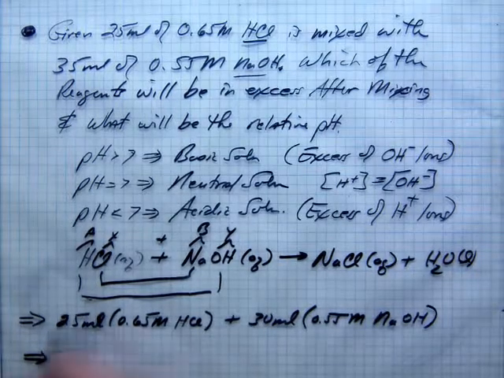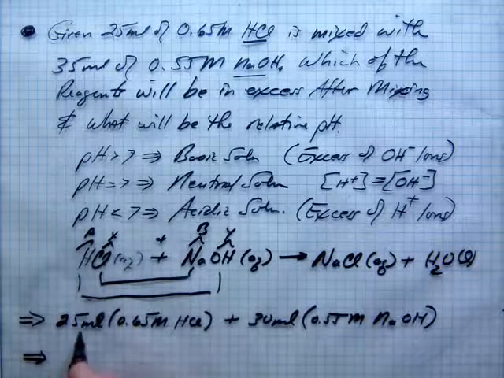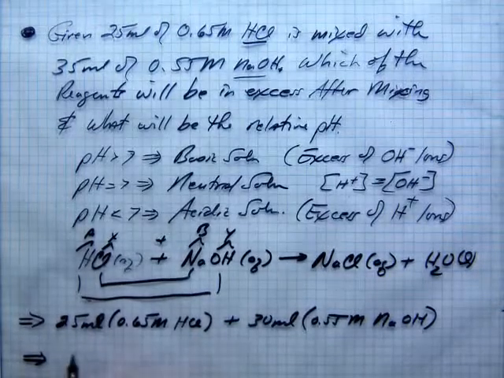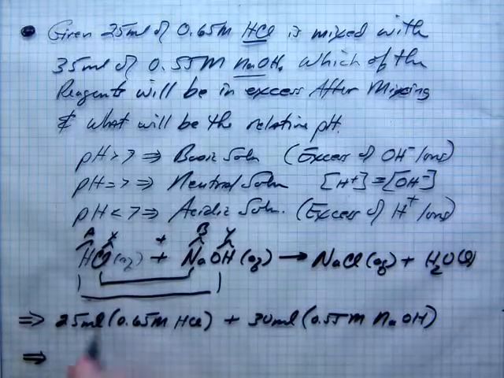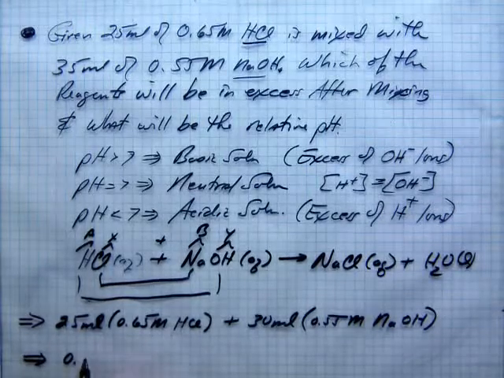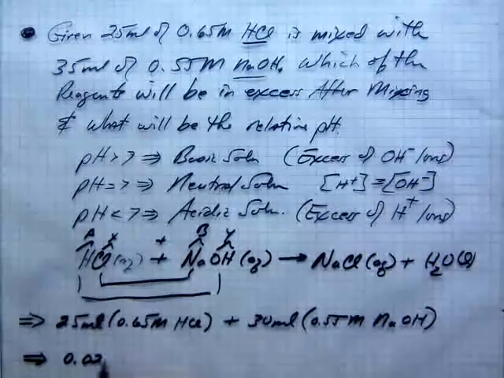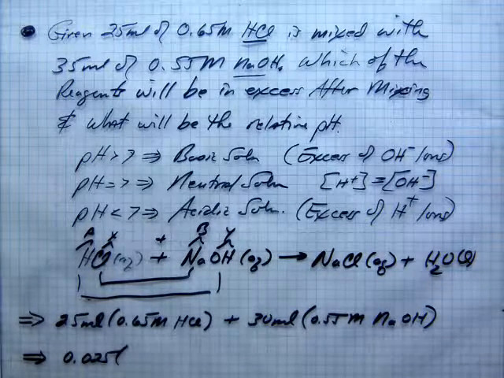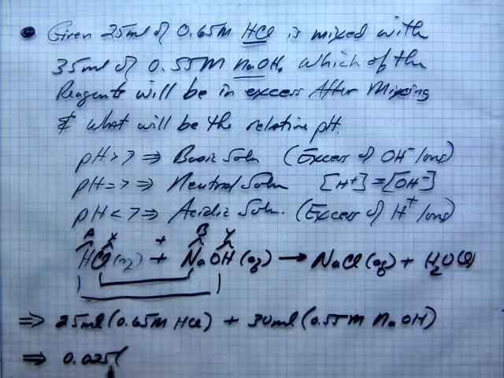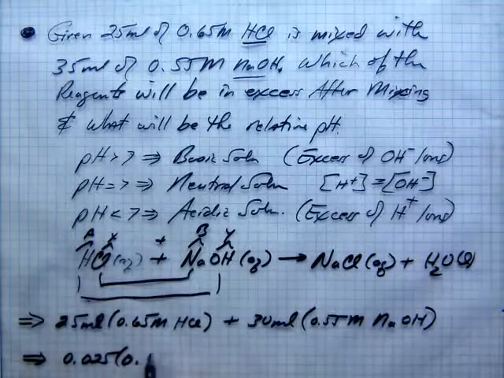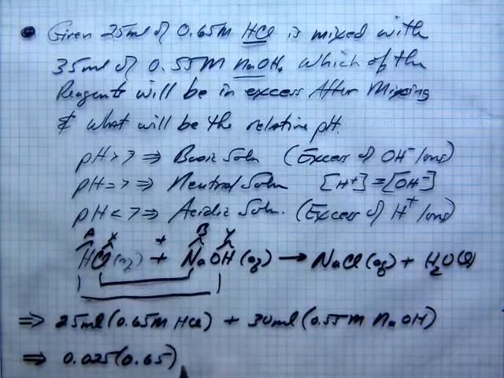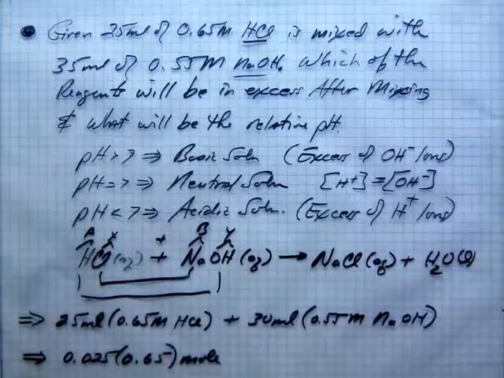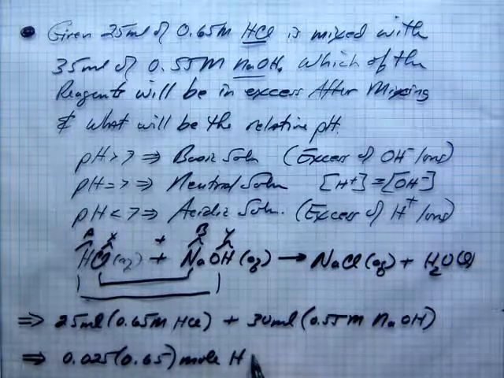Well, I can do that ahead here. So molarity times volume, so I'll go volume times molarity, whatever. This has got to be converted to liters. 0.025 liters, but I don't put the units down there yet. I put 0.025 times 0.65 mole HCl. See what I did?